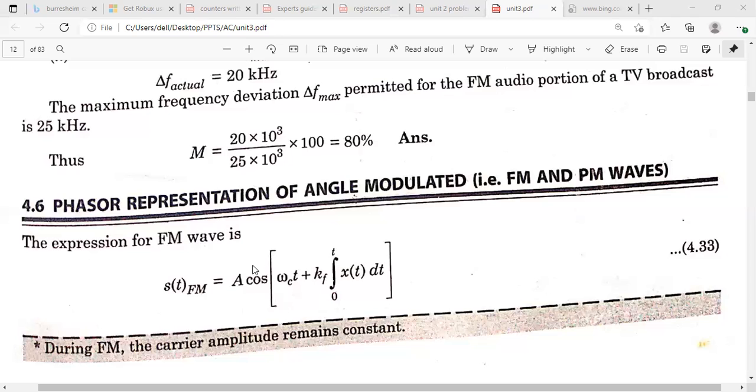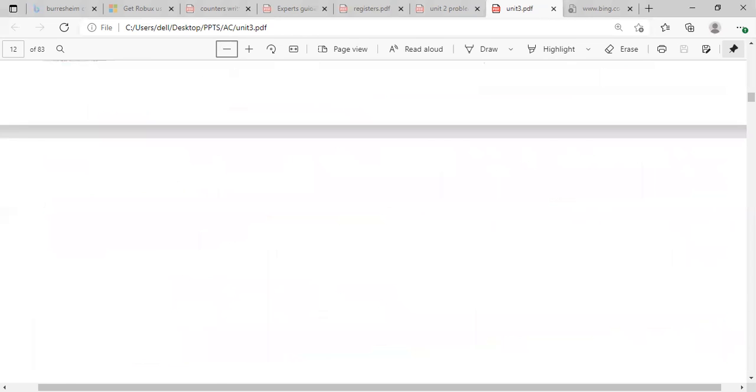For a phase modulated wave, s of t is equal to A cos of omega ct plus kp into x of t, where kp is the phase sensitivity factor. So this is the standard expression for the FM wave.